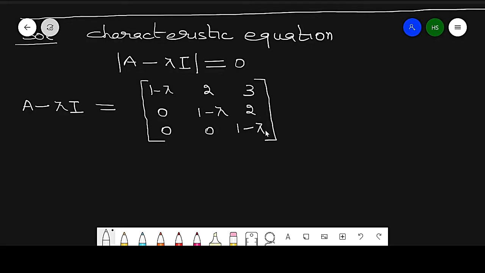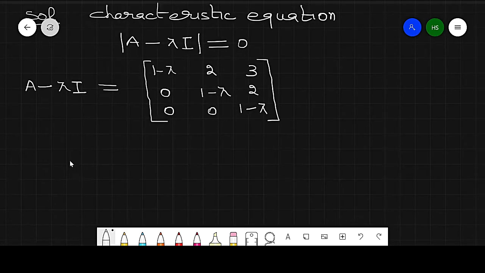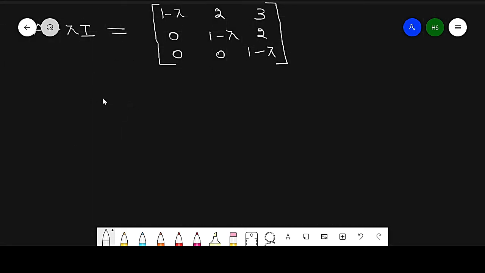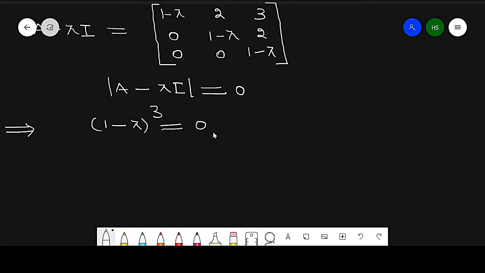Now the determinant of A minus lambda I is equal to 0. So it implies 1 minus lambda raised to power 3 is equal to 0, which is the characteristic equation.